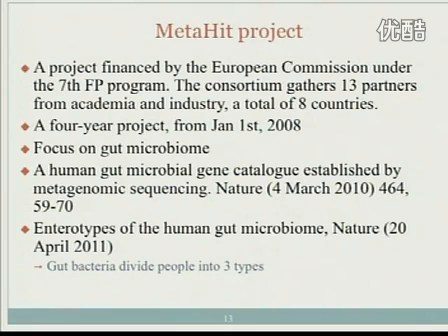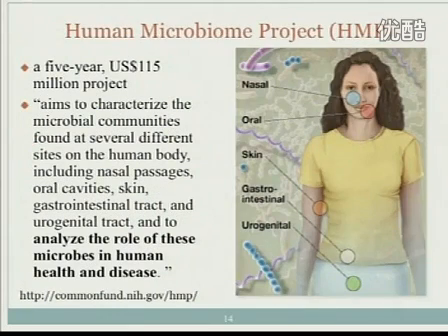MetaHit is just for the human gut, and then there is the Human Microbiome Project supported by NIH. I think it's into its fourth year. The aim of this project is to characterize the microbial organisms in various different body sites, of course including the gut, because the gut sample is very easy to get.